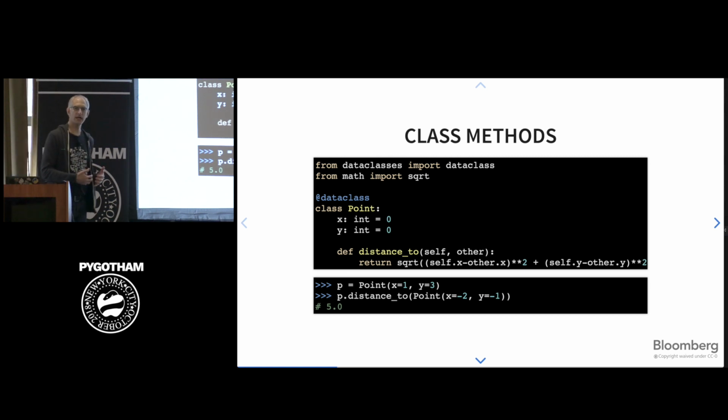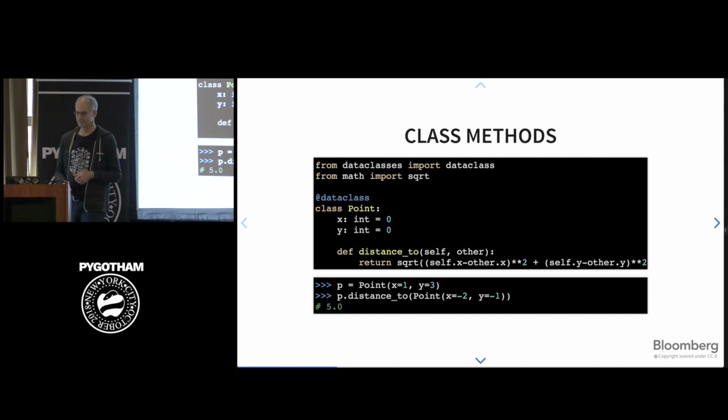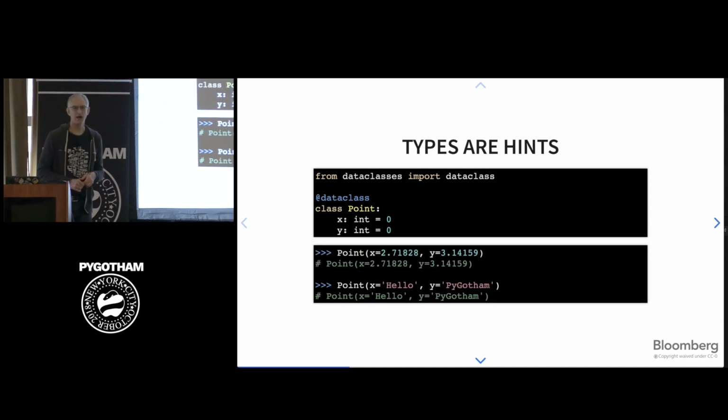And again, because data classes are just a normal class, in addition to having the fields, I can define arbitrary methods in my data class. And here I've defined a method distance2. Now this is Python. We are a dynamic language, and the types are hints.